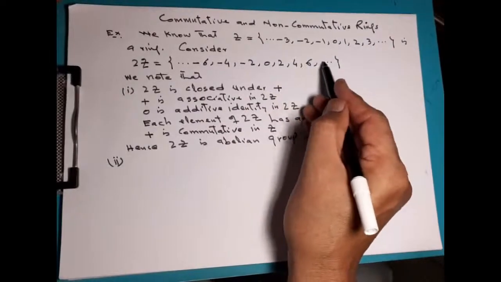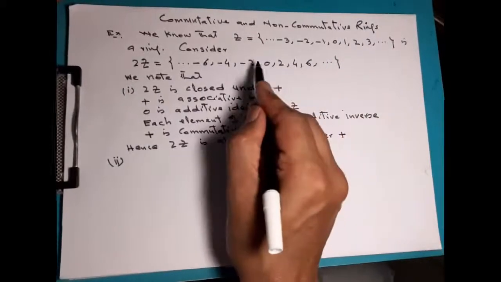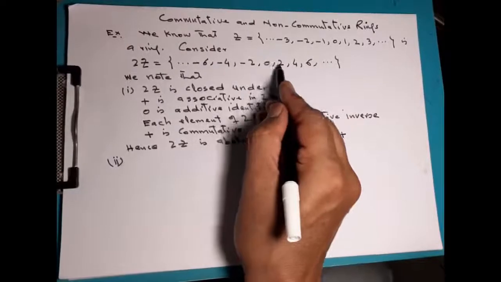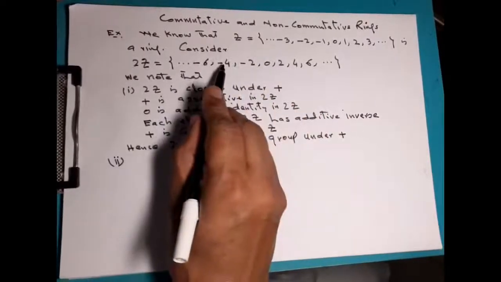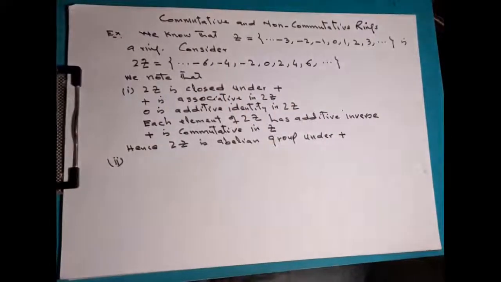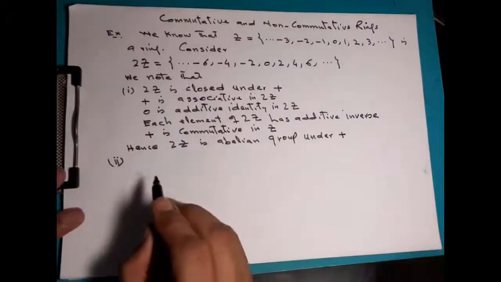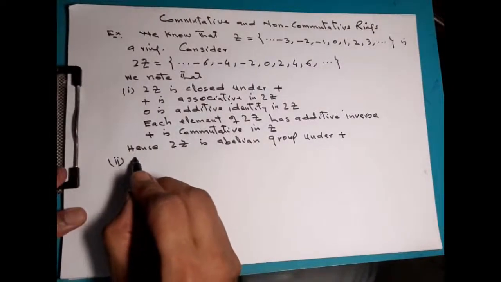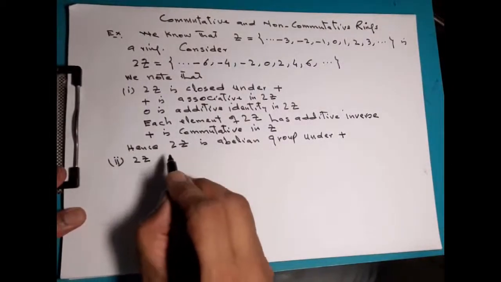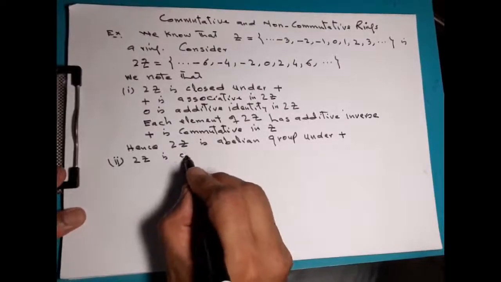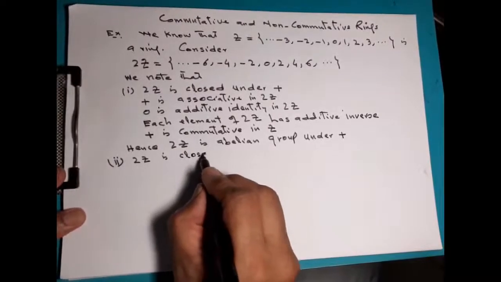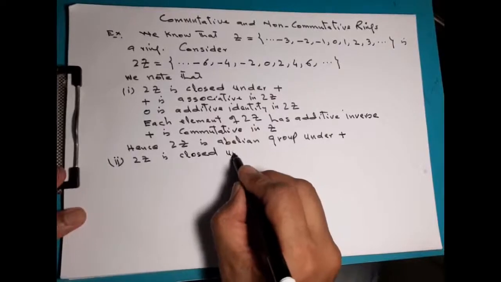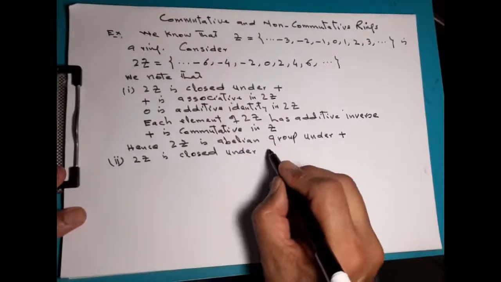Plus 8 is in this set. 2 multiplied with minus 2 is equal to minus 4. Minus 4 is here in this set. So 2Z is closed under multiplication.